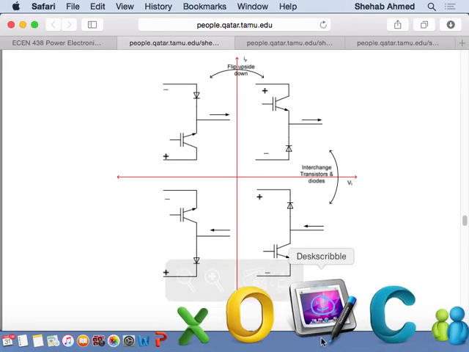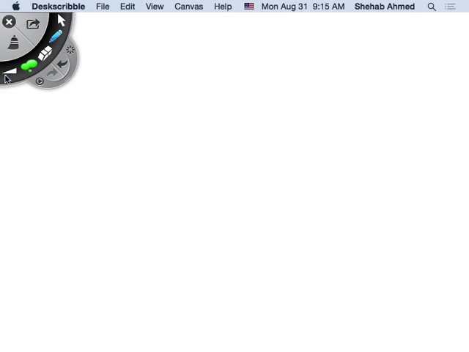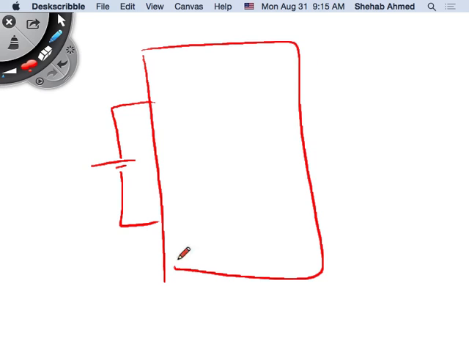This box that we're interfacing between, you have a source and you have a load. I remove the filter for now, forget about the filter. This box here will depend on the polarity of the voltage at the input and the direction of current at the output.